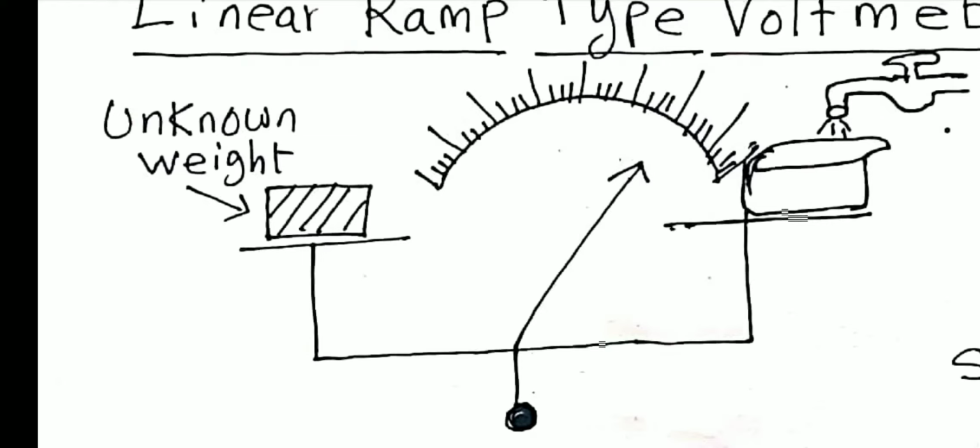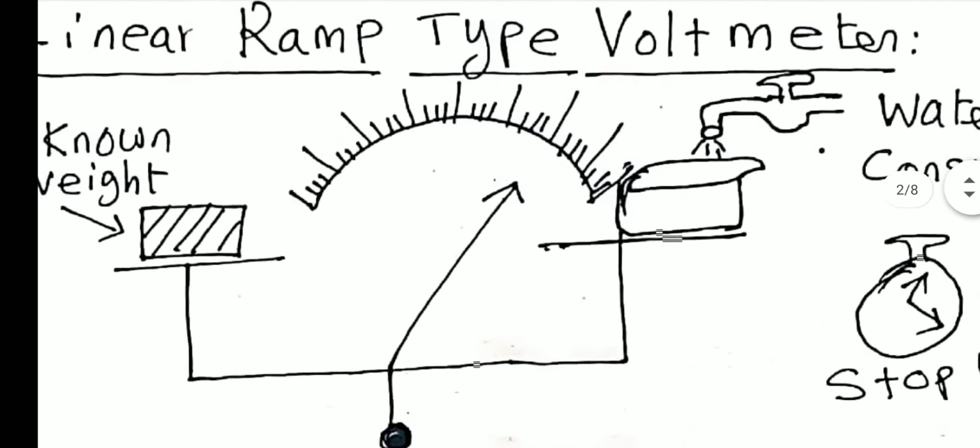In the right pan we are placing the empty vessel and allowing water from the tap to flow into it. As the water level increases in the vessel, the mass of the water vessel will increase with respect to time. That is the variable mass.